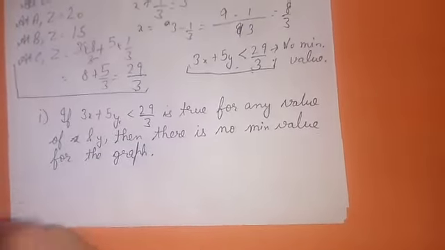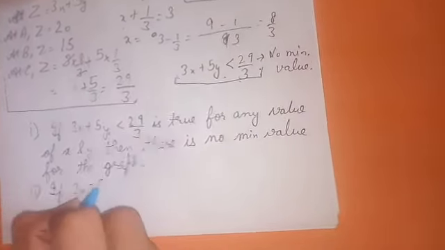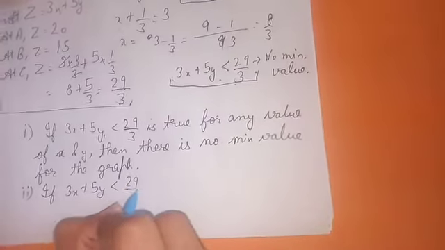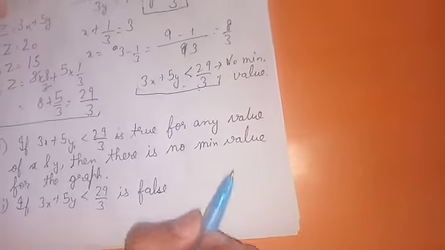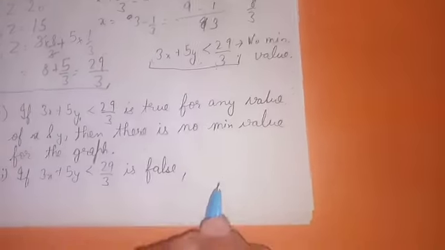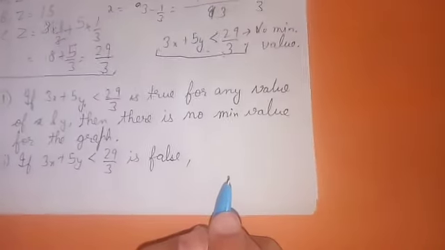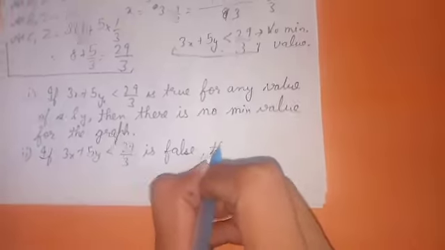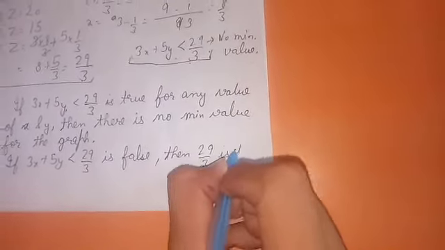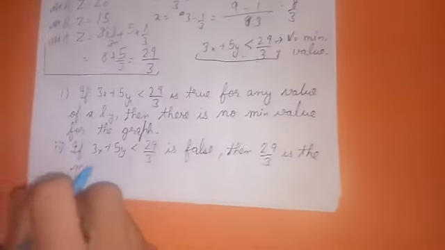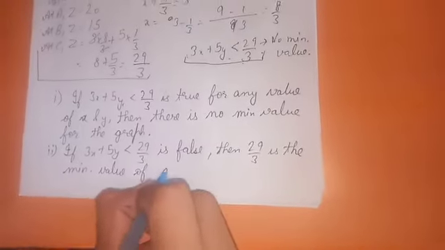Okay, and second, if 3x plus 5y less than 29 by 3 is false, okay, means for any value of x and y it is not coming value less than 29 by 3, then 29 by 3 is the minimum value of graph.